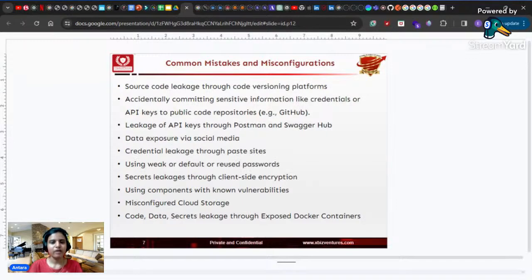We highlight this: avoid using breached or weak passwords. Avoid writing passwords on a piece of paper and leaving them on the desk or anywhere an external or unknown person could easily access. I've personally seen this, right?